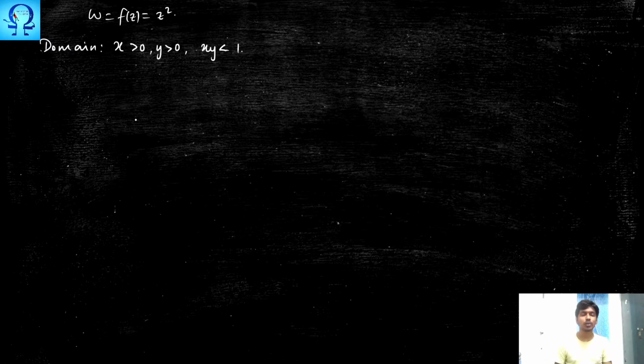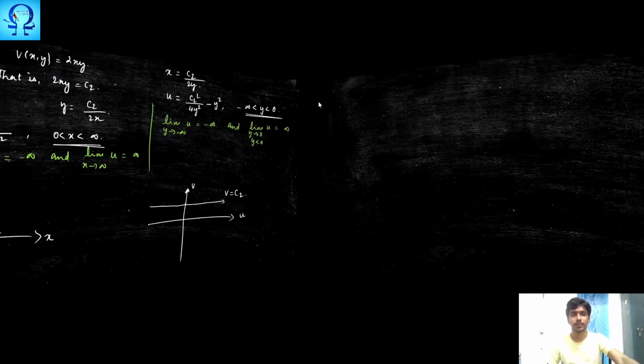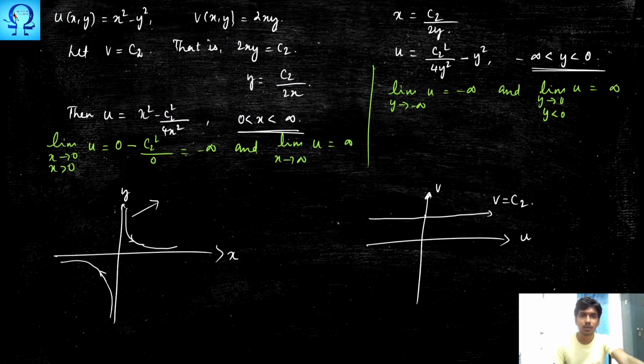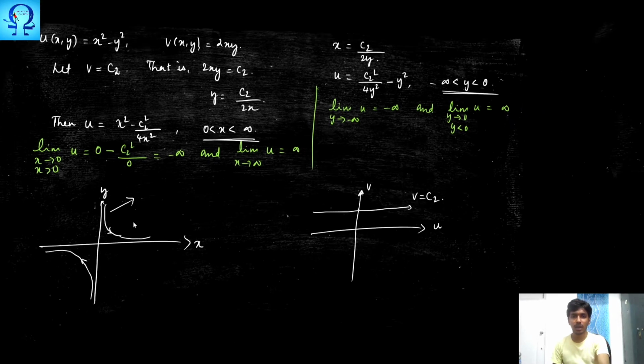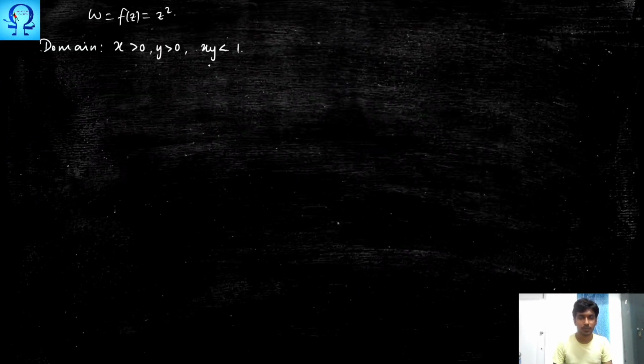We have seen in the previous one that when we take v as 2xy and fix it as some constant, this gave us something like this, of the same shape. So xy has to be less than 1.